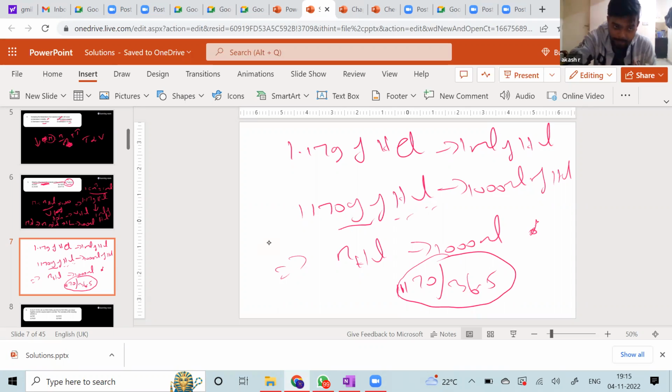Because that is the definition of molarity. Forget about the formulas; more than formulas, the definitions of the concentration terms are more important. Molarity definition says it is the number of moles present in 1 liter of solution. So in 1 liter of HCl, how many moles of HCl are there? That is what molarity is. Okay, good.